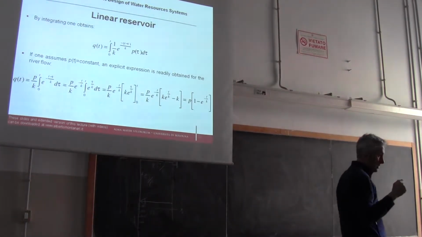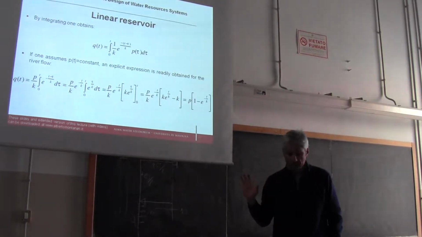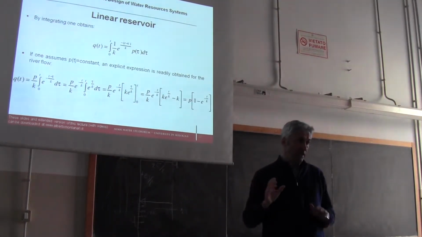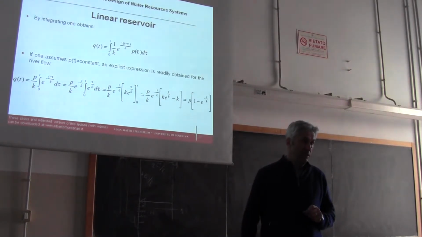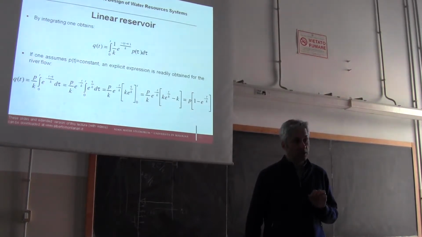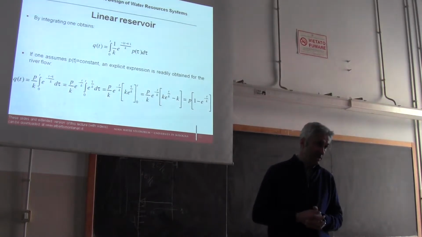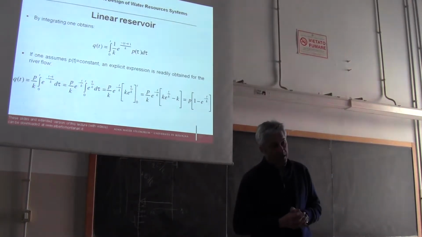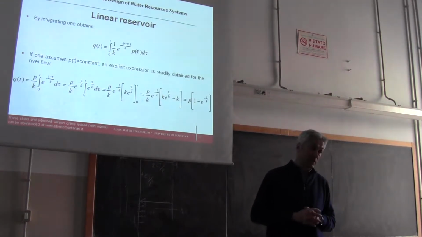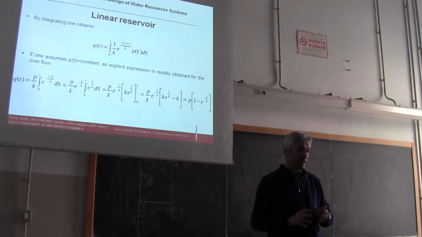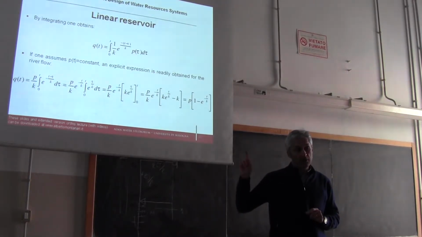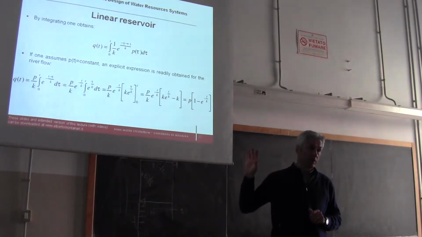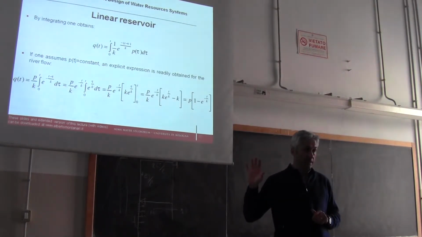I just want to point out that the linear reservoir is a very simple model, which is nevertheless quite used in hydrology. It's used mainly for flood modeling, not really for water resources management. And the reason why it's not used for water resources management is that in its current form, the form that you see here, the only input that is considered to the model is rainfall.